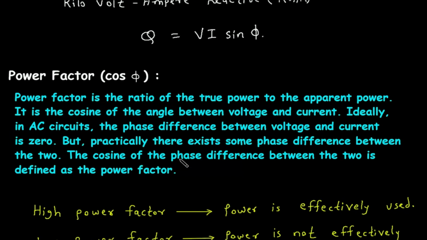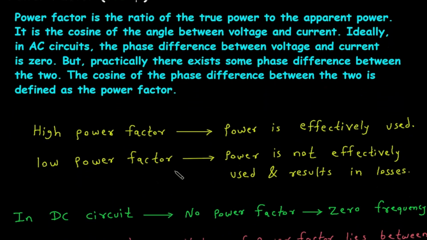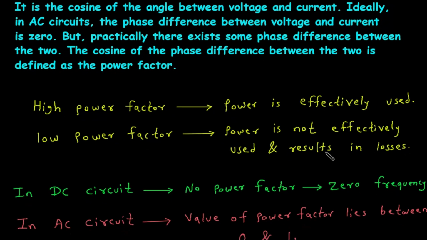The cosine of the phase difference between the two is defined as the power factor. High power factor indicates power is effectively used. Low power factor indicates power is not effectively used and results in losses.